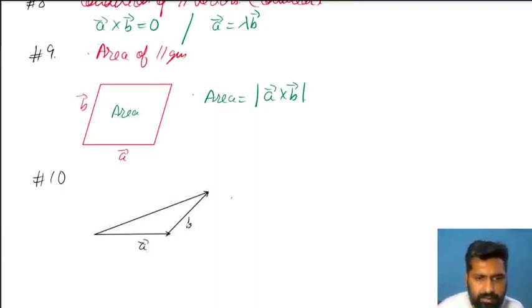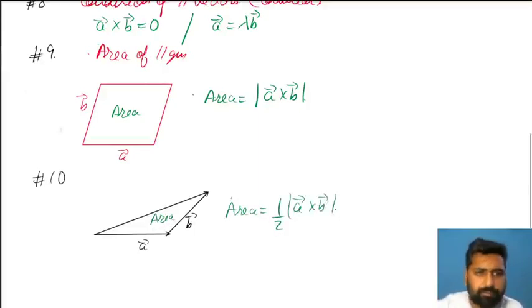We want to calculate the area. Again, this time the area is just half of the magnitude of A cross B.